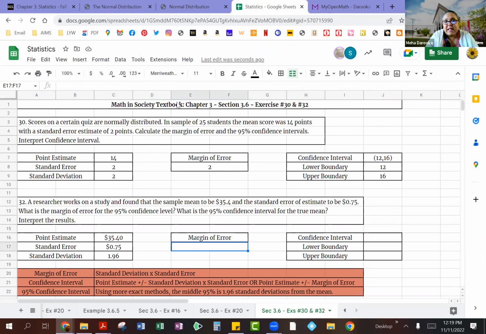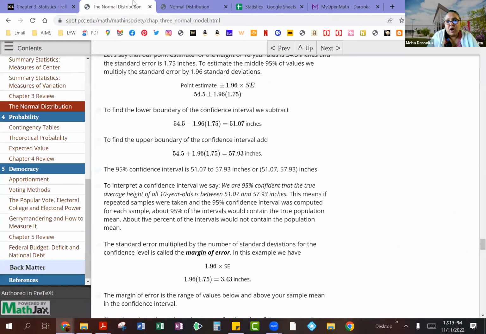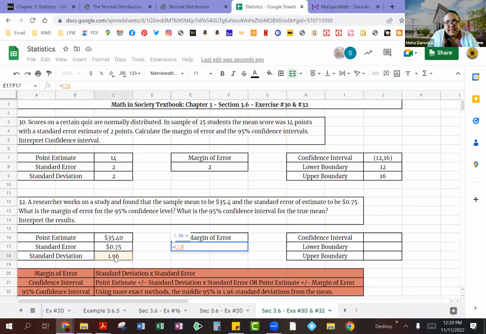So now to calculate our margin of error, you are going to do that 1.96 multiplied by the standard error. So using this formula, this will be 1.96 multiplied by our standard error, which as you will see will come out to be 1.47.